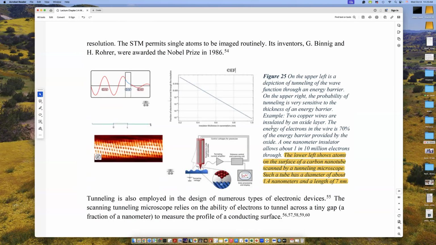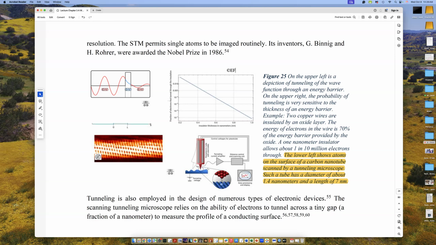There's an even more advanced version called a scanning electron microscope that exploits this property of the Schrodinger equation that lets electrons penetrate a barrier. This led to a Nobel Prize. This is a picture of what is called a carbon nanotube, where these are individual atoms that you can see because you exploit the tunneling effect by having a tungsten tip, a needle so fine that it has just a single atom at the end.